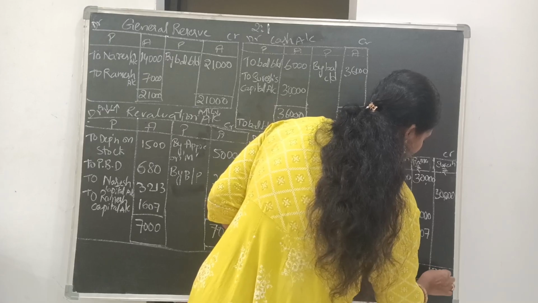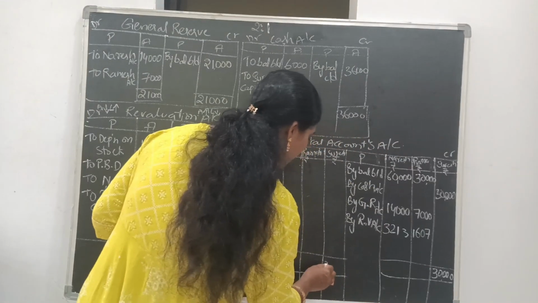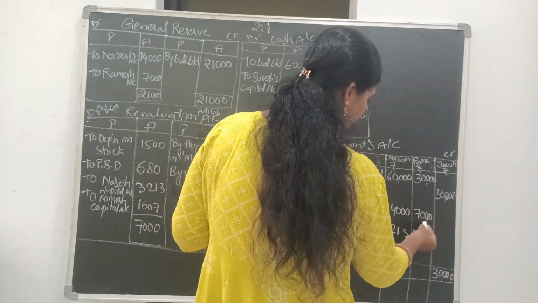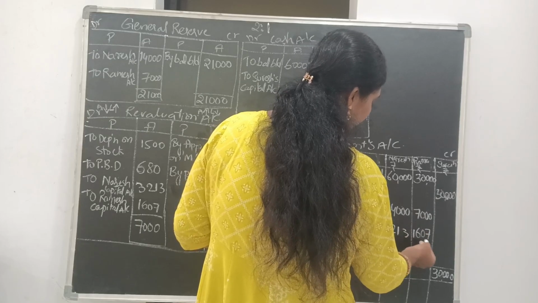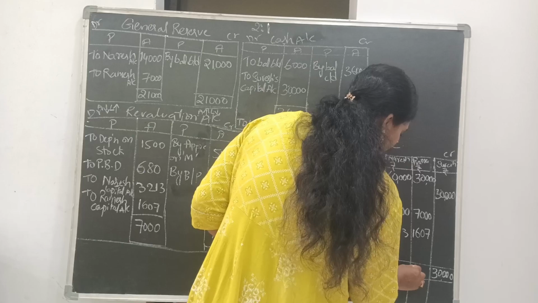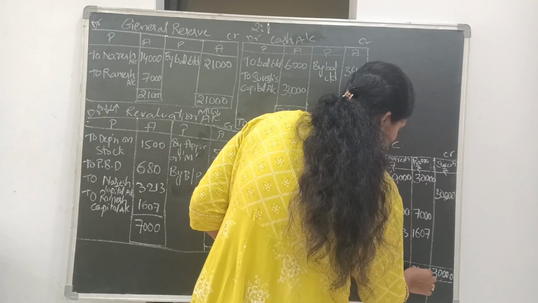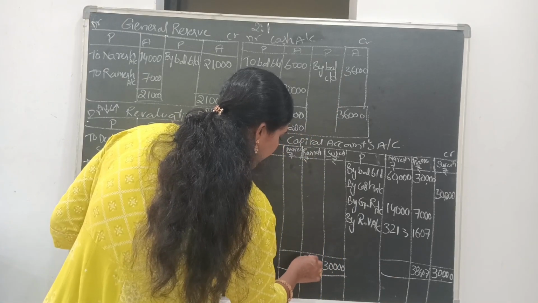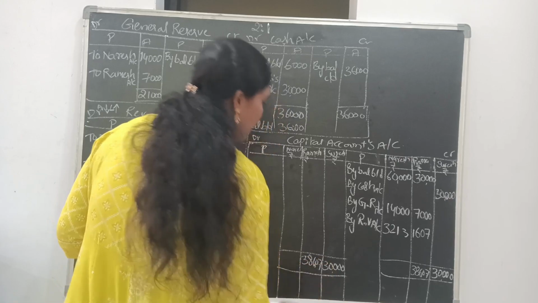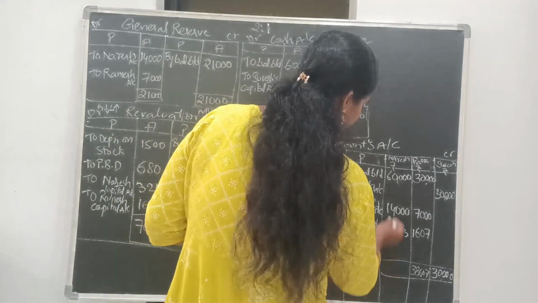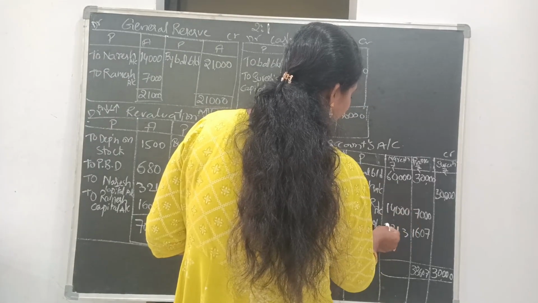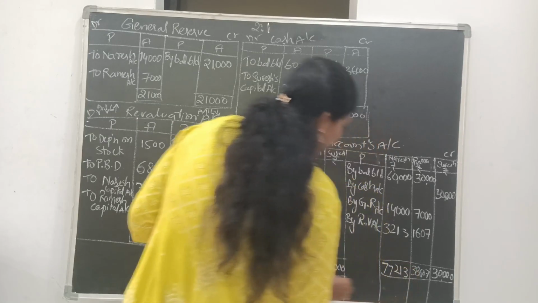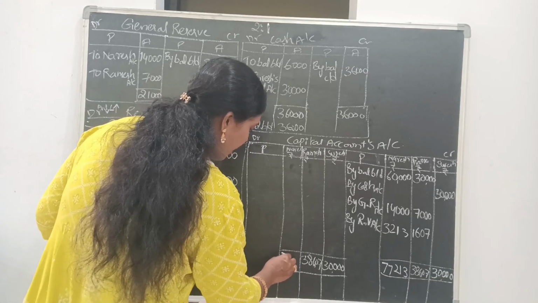First, write down the new partners' capitals, two sides. Then coming to Ramesh, 38,607. 38,607 is the Ramesh adjusted capital, which we need to post on the liability side. 77,213 is the Naresh adjusted capital.